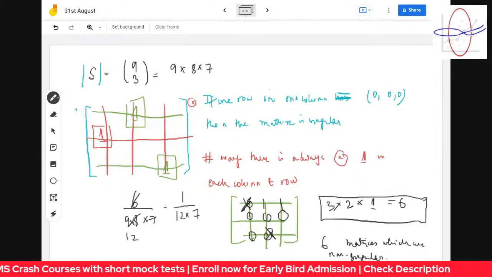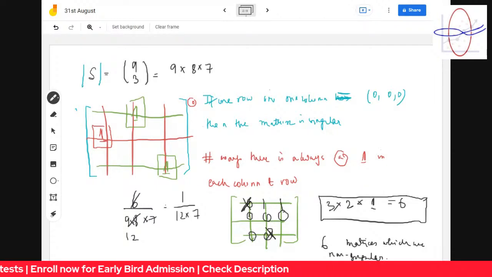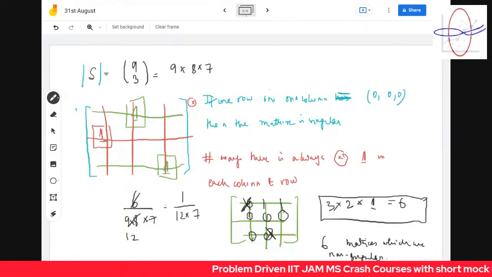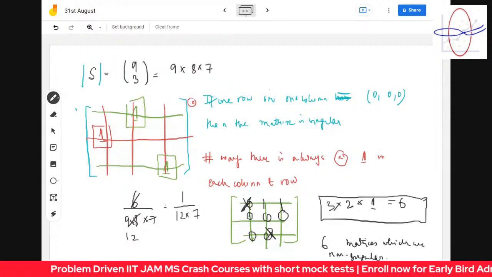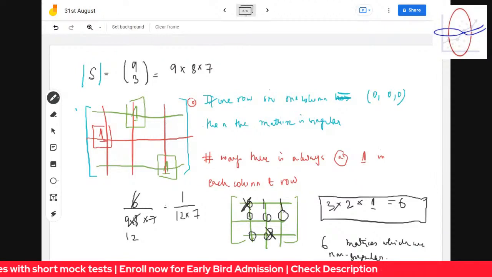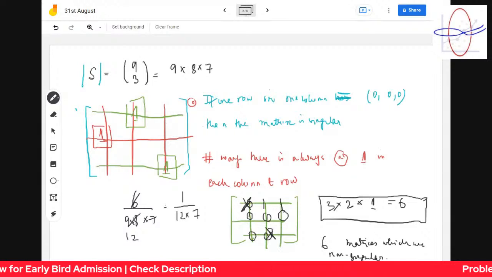Let me just check. 6 places we have seen. So 3 places for 1, then the rest of the 2 places for.